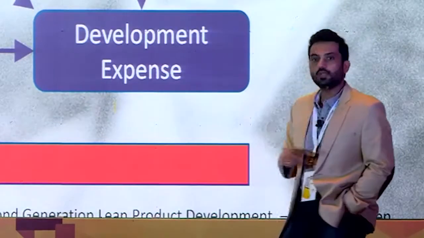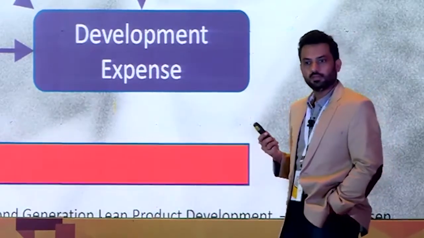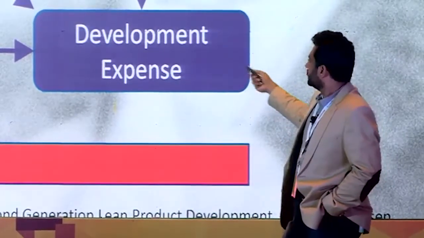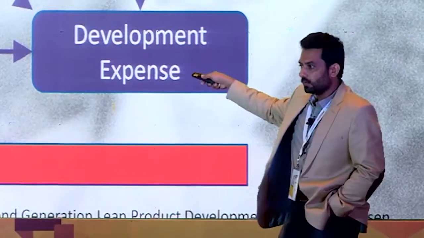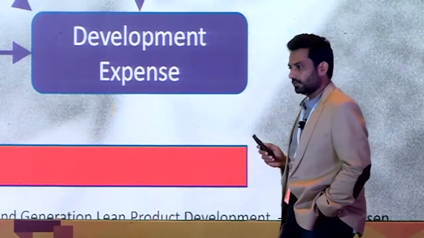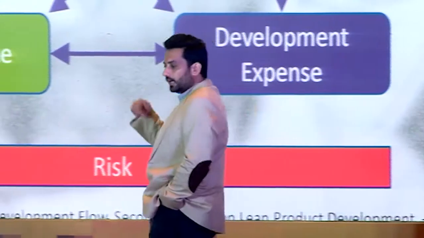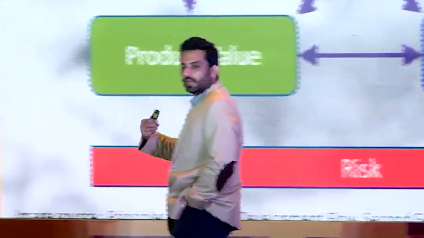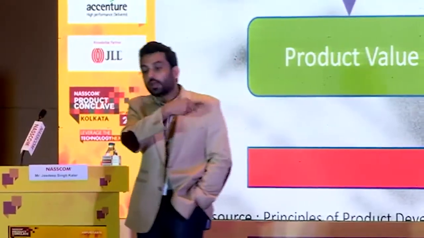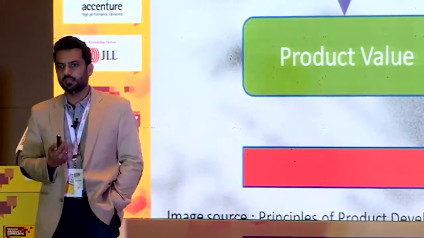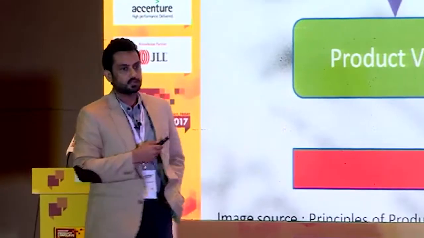You may not want to increase the cost beyond a point. Then you have development expense. Then you have product value, that is revenue. And then you have risk. So in a typical prioritization, we are challenged with all these together. This is called sensitivity analysis. If you change one, it has an impact on the others.